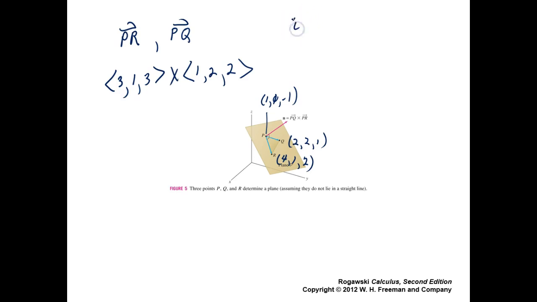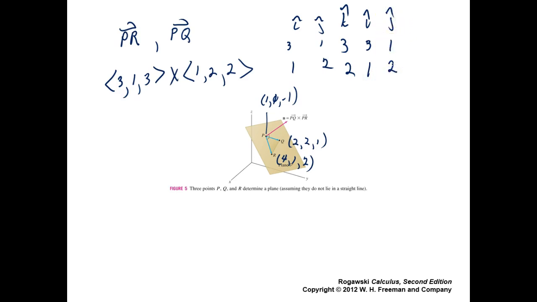Sort of the easy way is i, j, k, 3, 1, 3, 1, 2, 2. Okay? Now, the easy way to cross that is this. Repeat the first 2 columns. We haven't done this, but I think it was in the book. 3, 1, and j, 1, 2.